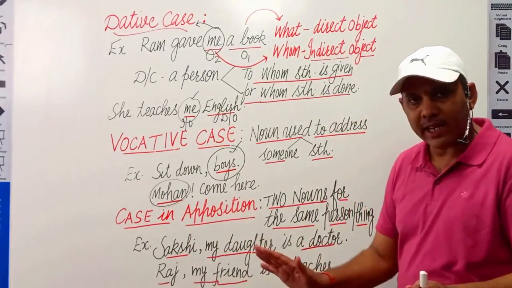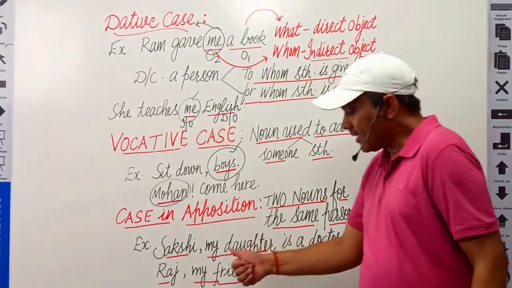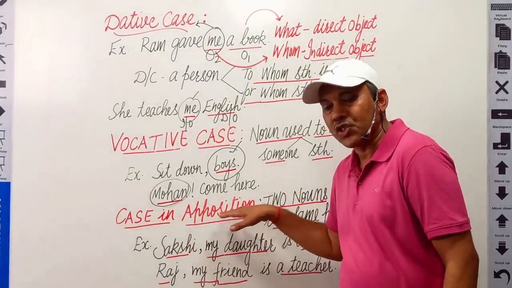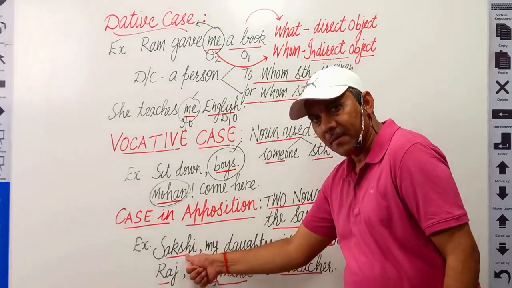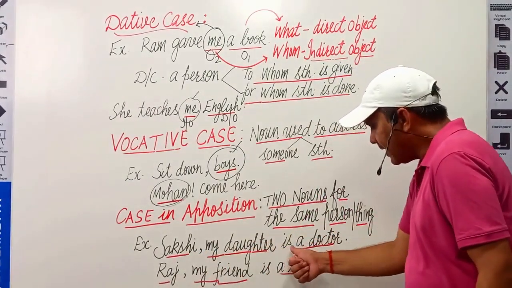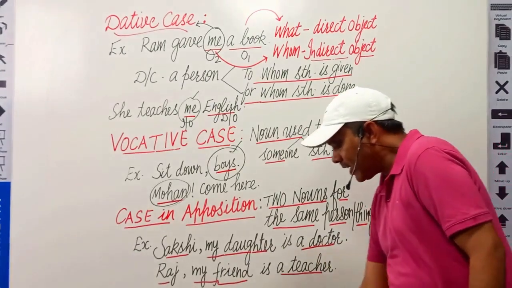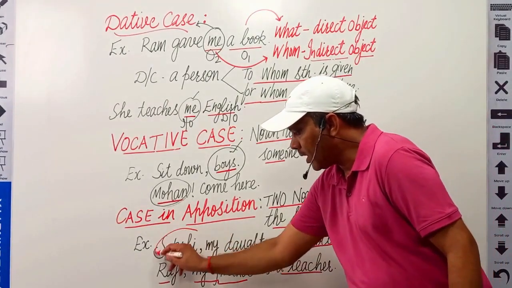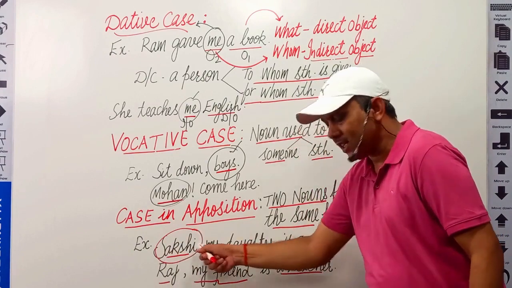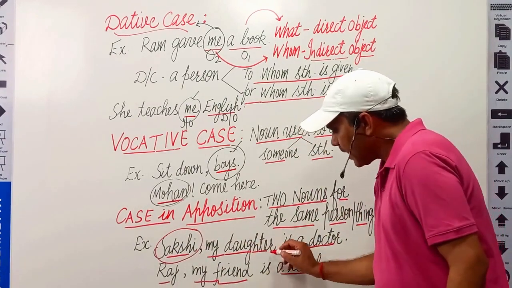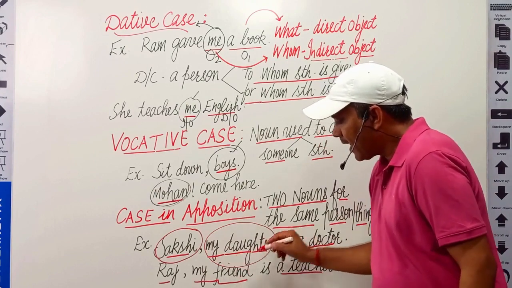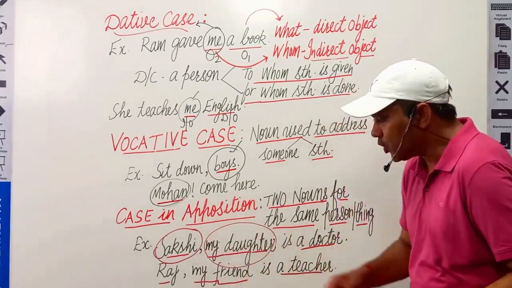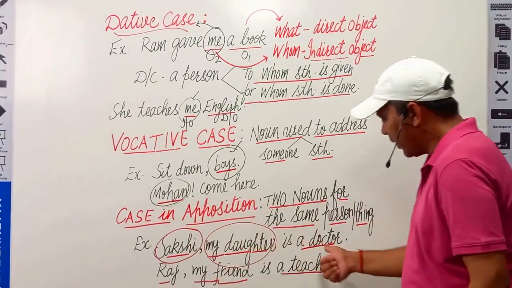Let us take an example and try to understand the concept of case in apposition. For example, Sakshi, my daughter, is a doctor. Try to understand this. Sakshi, this is the name of my daughter. Who is Sakshi? She is my daughter. It means my daughter and Sakshi, these two nouns are used for the same person who is a doctor.